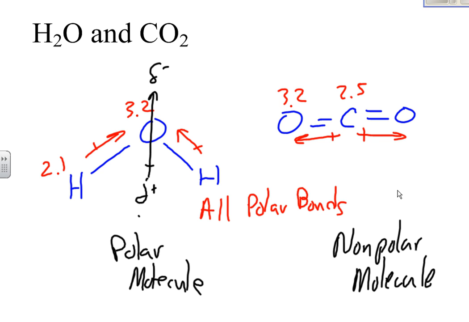Now, the question though is, because there's polar bonds in both of these, why is water a polar molecule and carbon dioxide is nonpolar? The shape. Excellent. Zoe said that. Yeah, it's the shape, right? If water looked like that, would it be polar?